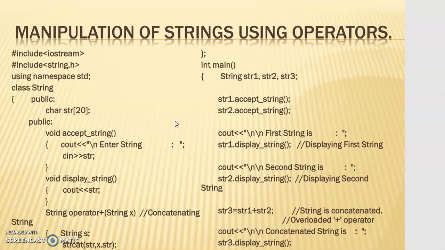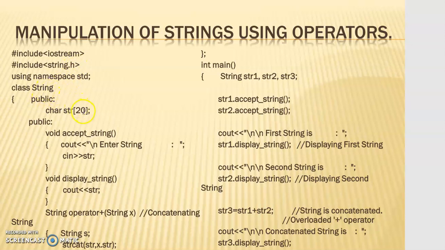So we are starting with this program where we are manipulating the data. Basically you can see you have a header file, iostream, as usual. Then you have another header file, since we are dealing with strings, string.h is being called, and you have a class called string.